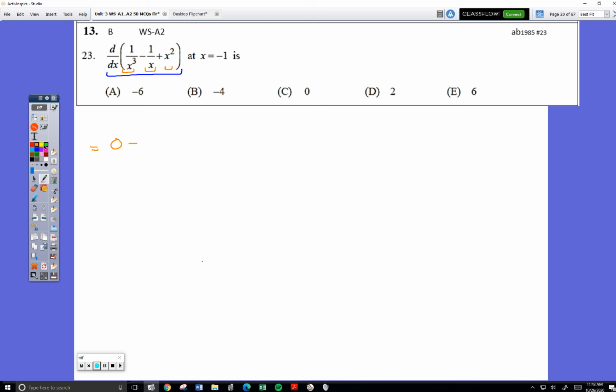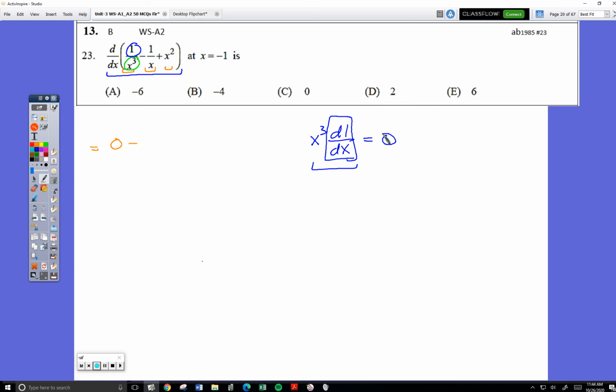So the quotient rule says take the bottom, multiplied by derivative of the top. But the derivative of the top would be d1 over dx. So when that gets multiplied by the bottom, since this is equal to 0, that's all equal to 0.